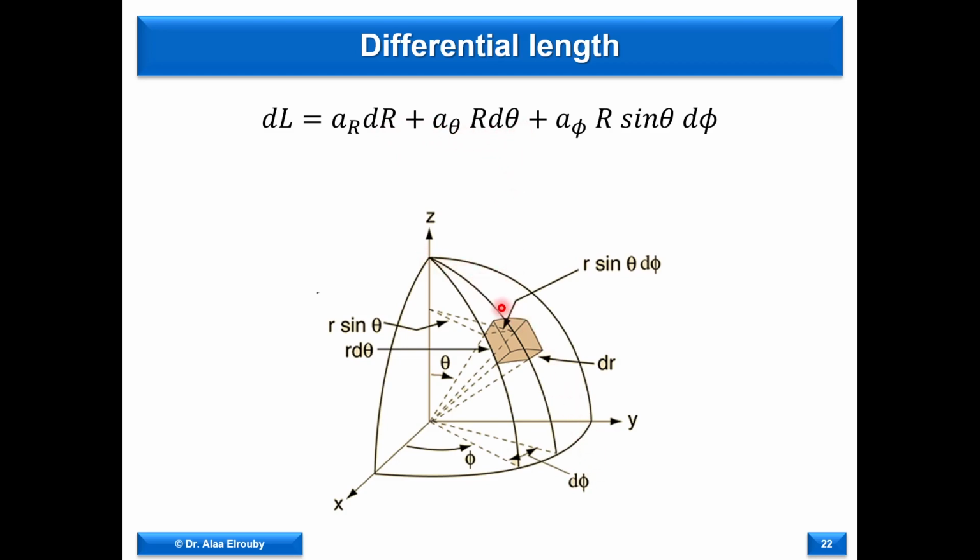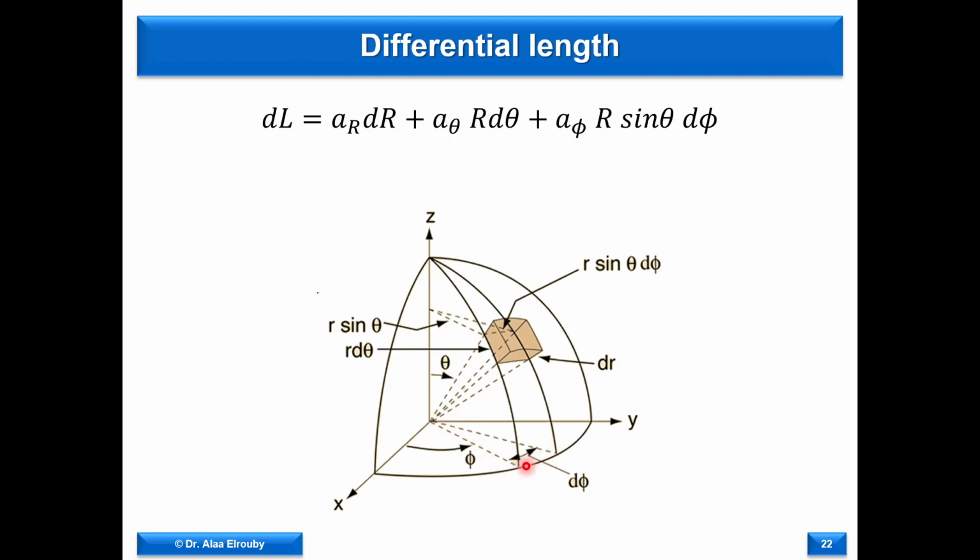Theta is in that direction, and this is a curve, so this curve length is R multiplied by d theta. Then the third one is the curve along phi. The length of this curve equals R sine theta, which is this length, multiplied by d phi.